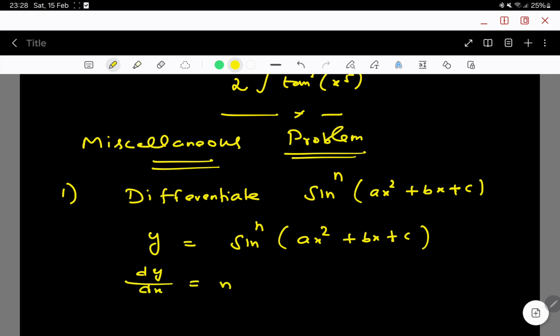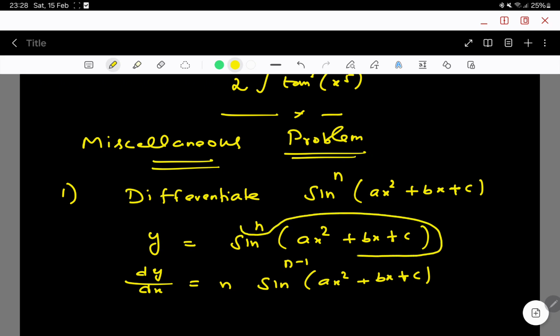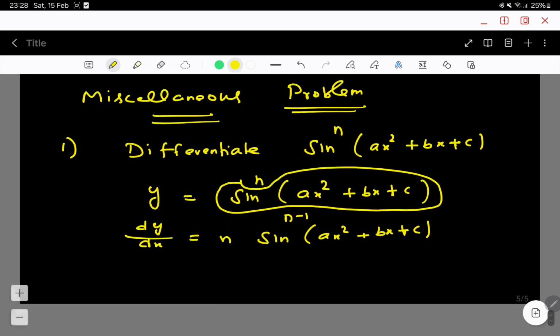dy by dx is n times sine power n minus 1 of ax square plus bx plus c, write as it is. Again differentiating this sine of ax square plus bx plus c, because this is f of x. Power is n.